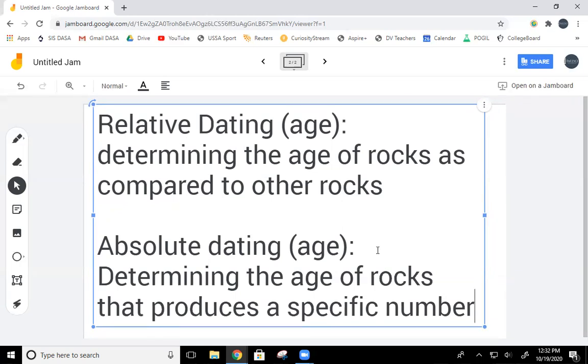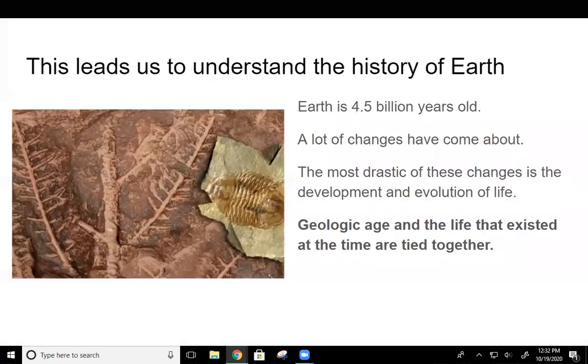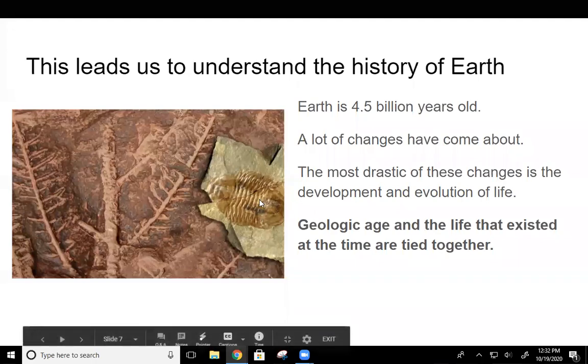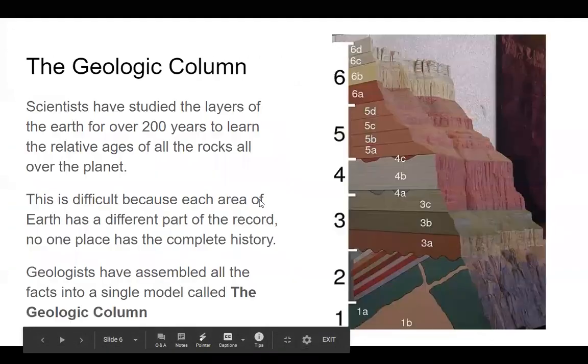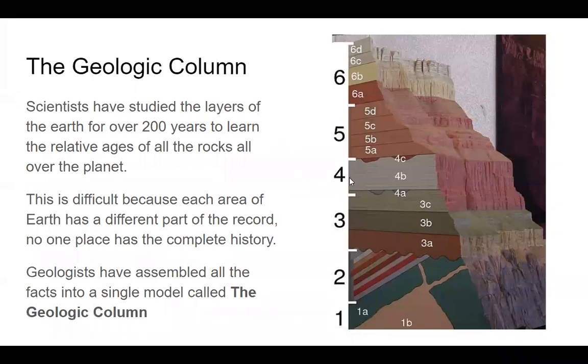When we're looking at the age of the geologic column, we know that 4B is older than 6A. That's a relative dating method, just by looking at the strata and saying this one's below that one, therefore it's older. But could you tell me just by looking at the position of the strata what the age of 4B is? No, you couldn't.